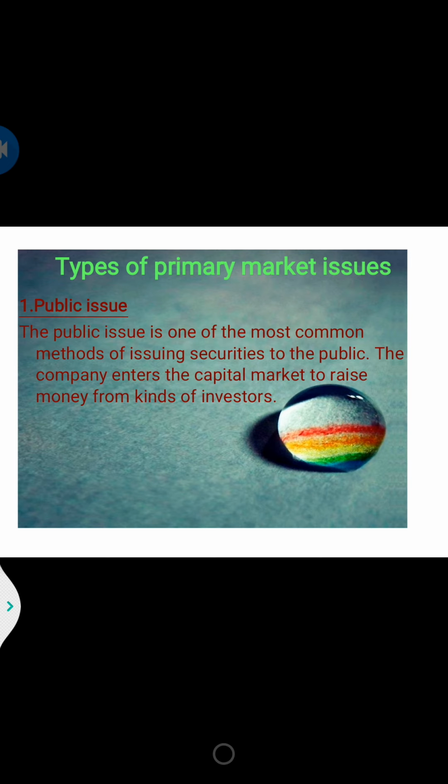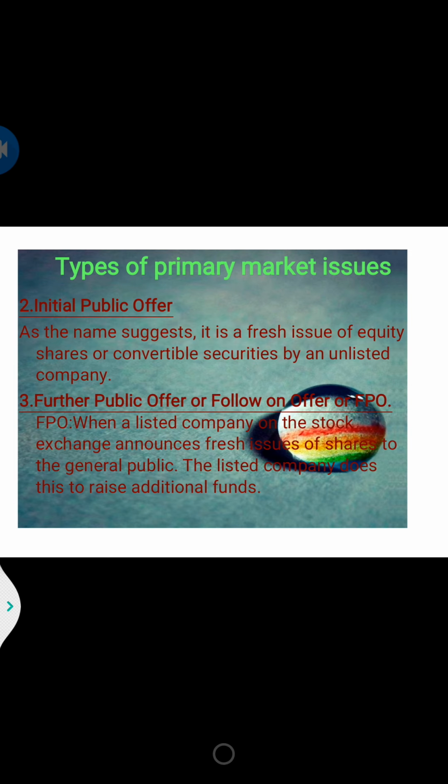Further classifications of public issue are the initial public offering, and the further public offer or follow-on offer, the FPO. So these are the two things.